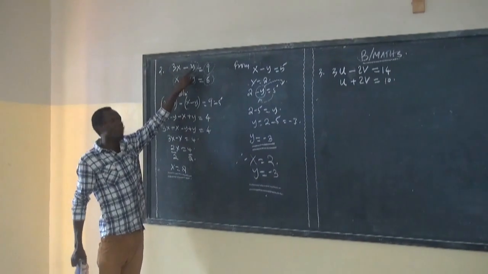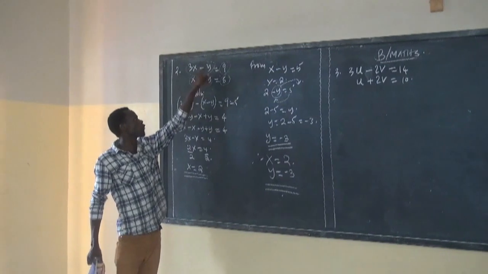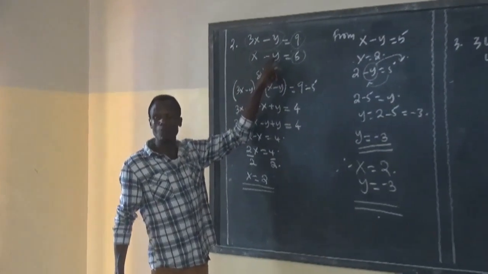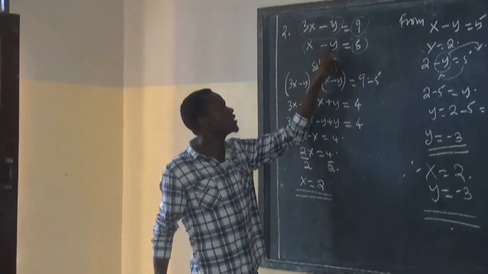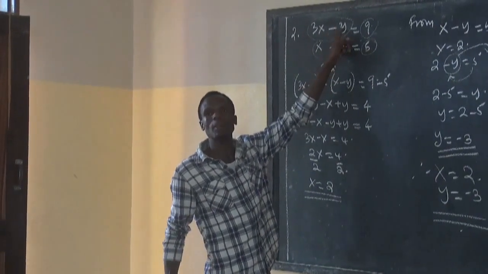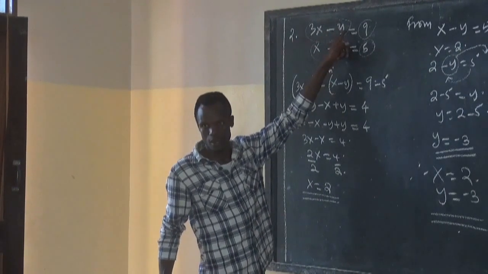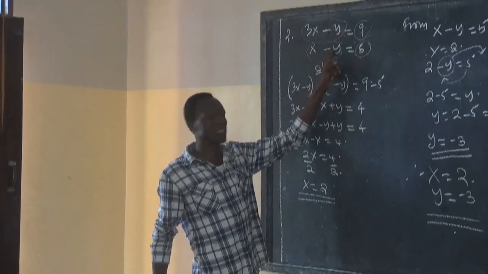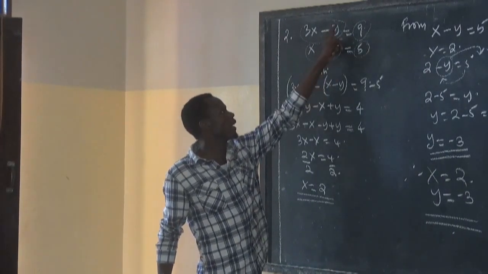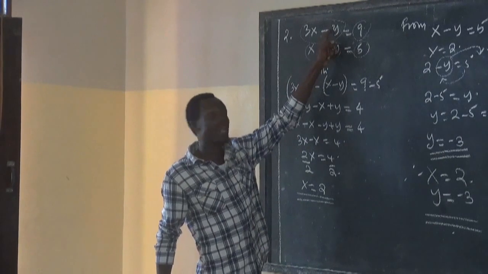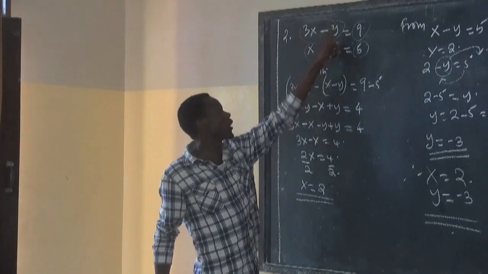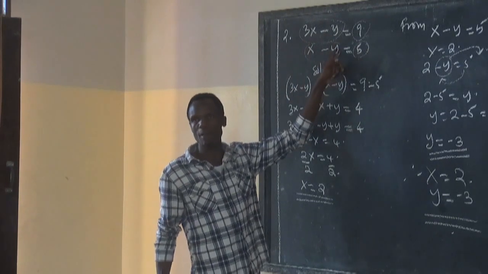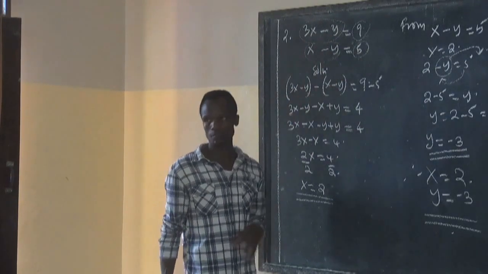If you see here, the coefficient of y is 1, and the coefficient of y in the second equation is negative 1. It means the coefficient is the number before the letter. Example, this is negative 1, and this is negative 1. Maanake ni kwamba hapa kuna negative 1 na hapa kuna negative 1. Maanake kwenye herufi moja kati ya x na y zinafanana zile namba. Na ndio maana tunafanya subtraction.